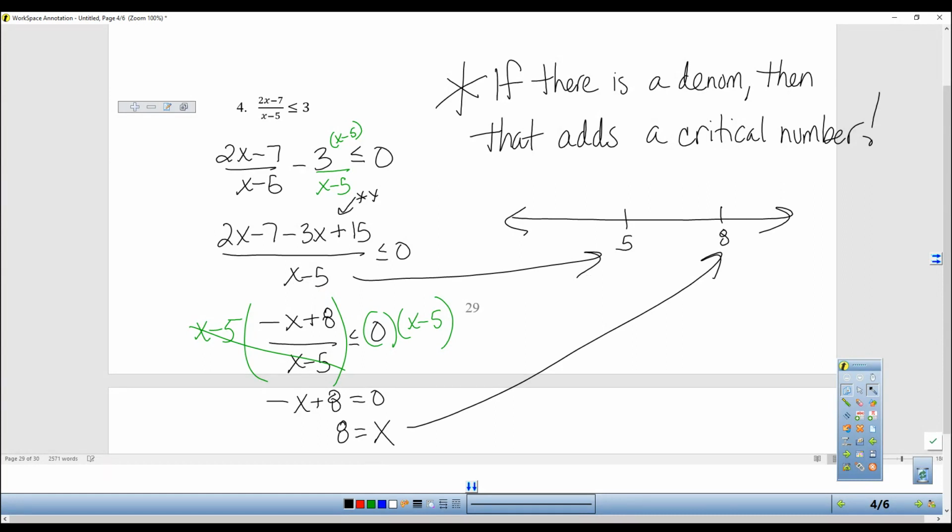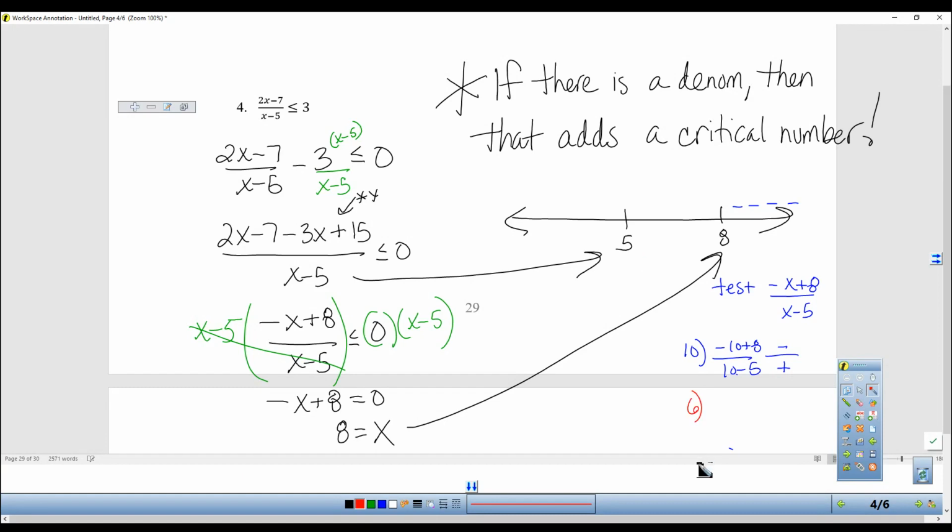Okay, let's test some points. So we're going to test them in negative x plus 8 over x minus 5. I'm going to test 10. So when I test 10, I get negative 10 plus 8 over 10 minus 5, which is a negative over a positive, which is a negative. I'm going to test a number between 5 and 8.